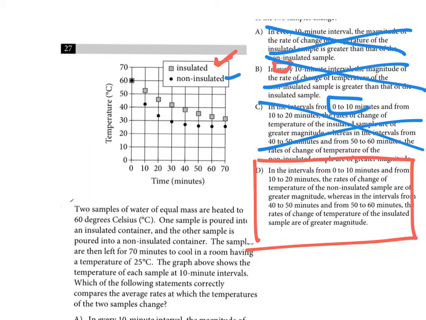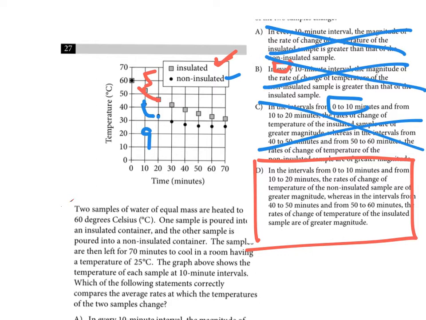From 0 to 10 and from 10 to 20, the non-insulated is greater. Yeah, it looks like from 10 to 20, you go from 42 down to about maybe 33, so that's 9, versus the insulated from about 52 down to about 47, so that's 5. So from 0 to 10, which we checked for letter C, and from 10 to 20, the non-insulated was greater.